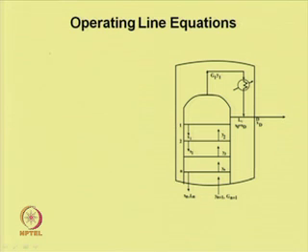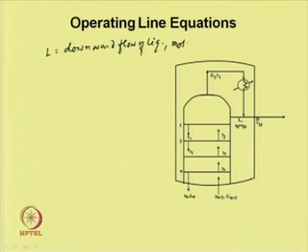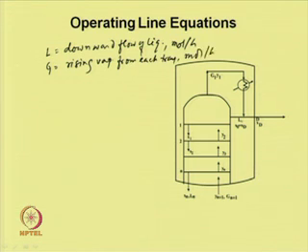Let L be the downward flow of liquid, mole per hour, and G the rising vapor from each tray, mole per hour.